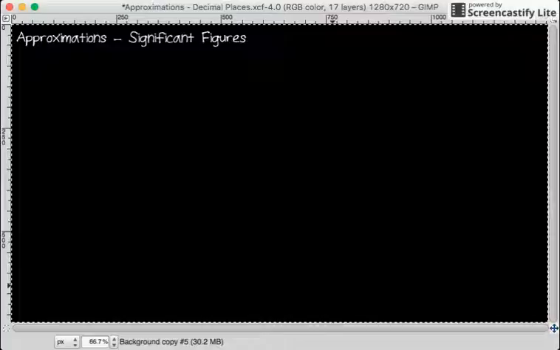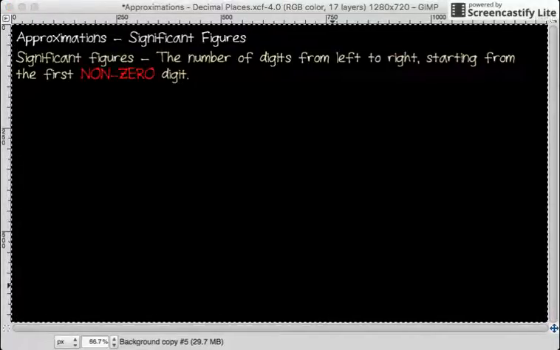And specifically, we count them up as the number of digits counting from left to right after the first non-zero digit. That's a bit of a big definition, so let me just write that out. Okay, so the number of digits from left to right starting from the first non-zero digit.